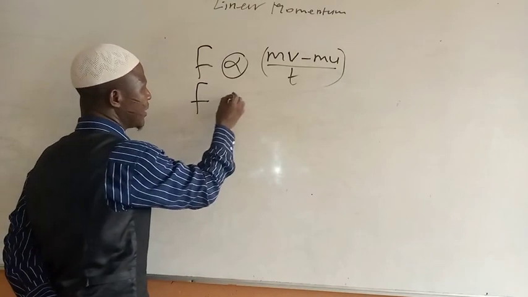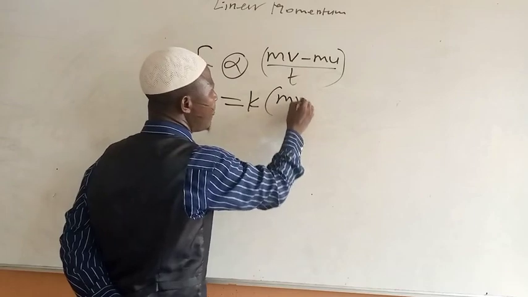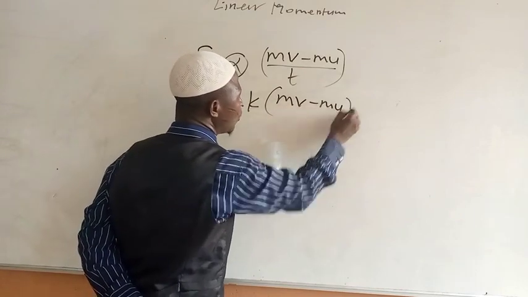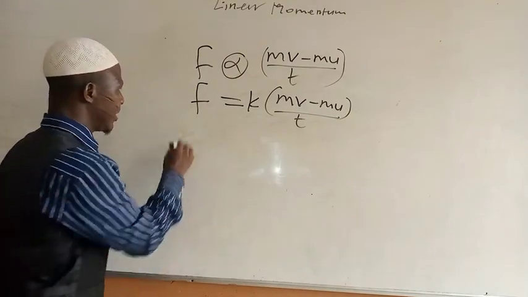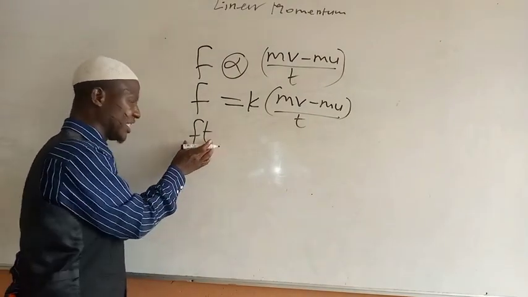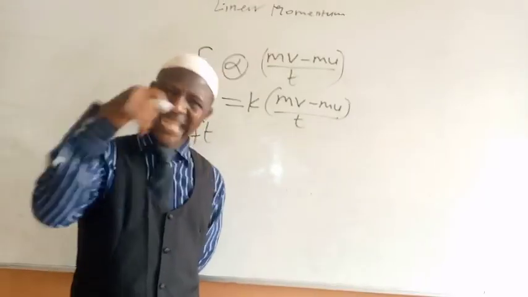Therefore, force is equal to k times (mv minus mu) over t. Now let's cross multiply. Therefore, we have Ft, which is impulse itself, because impulse is the product of force and time taken.